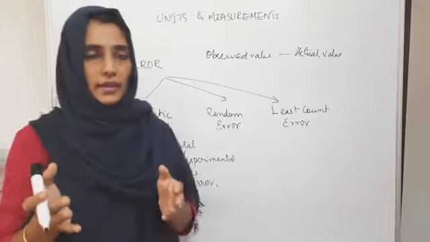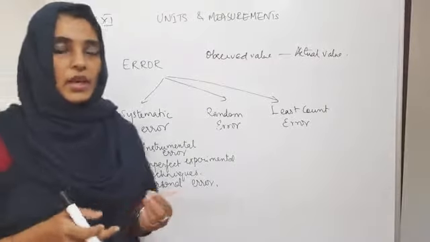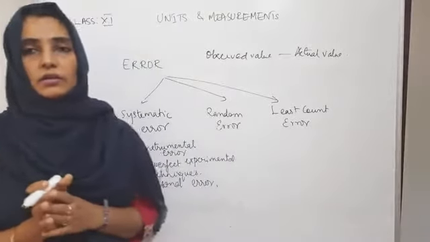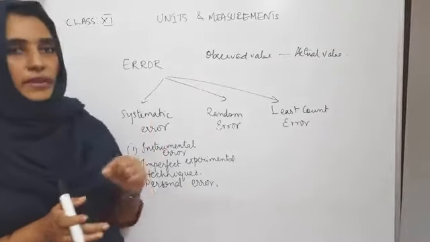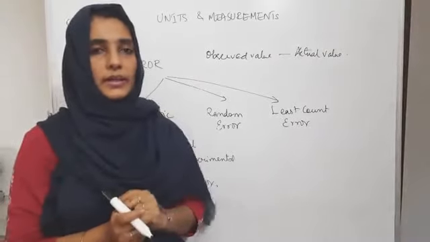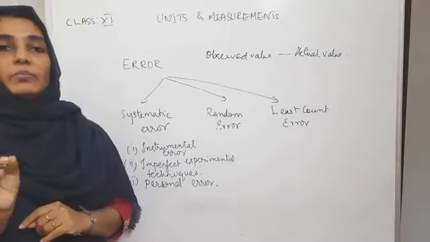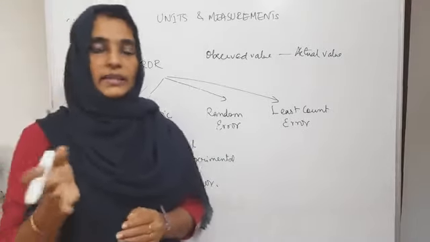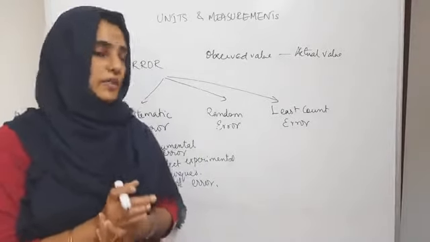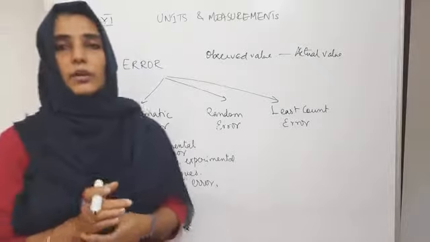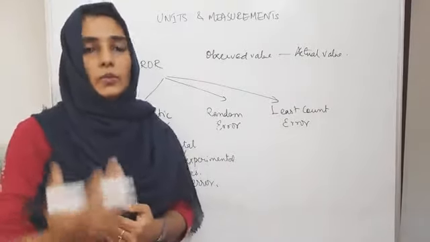So in the case of a normal ruler, a vernier calipers or a screw gauge, we know that there are scales or calibrations on that particular instrument, and this calibration may not be perfect, or it can happen due to the imperfect design of the instrument. So that will keep on repeating in our observations.